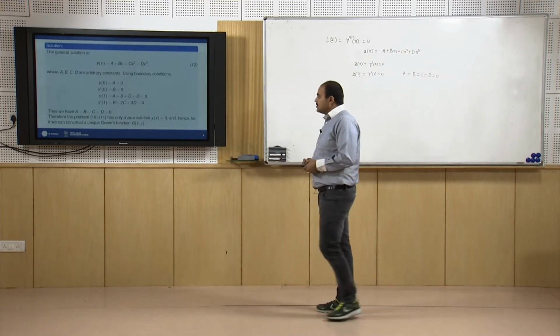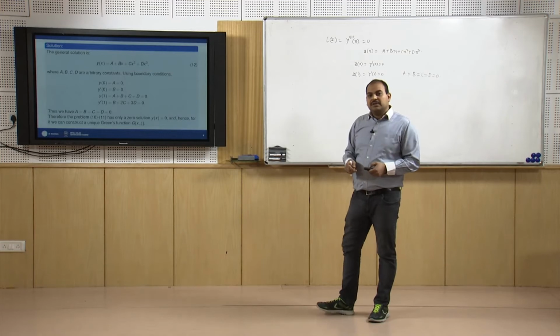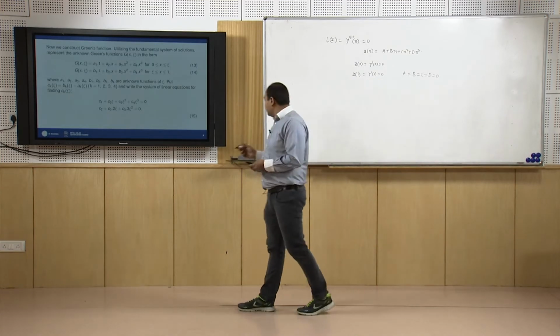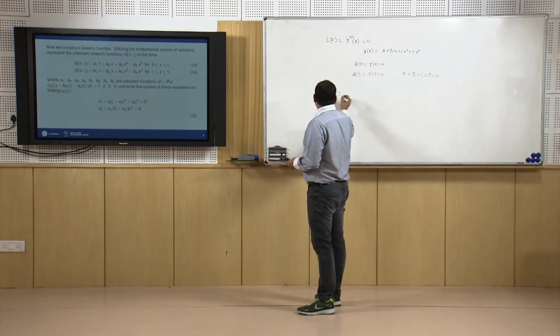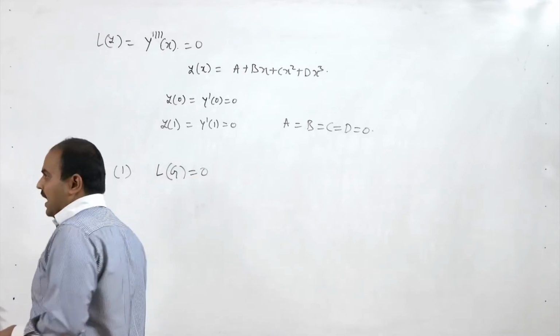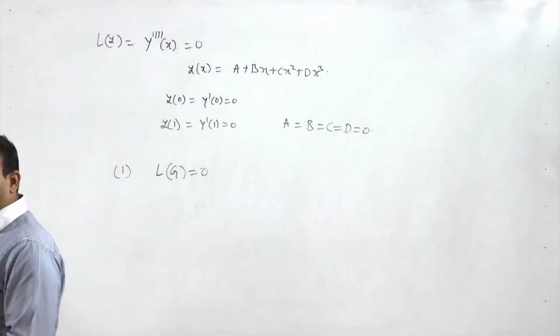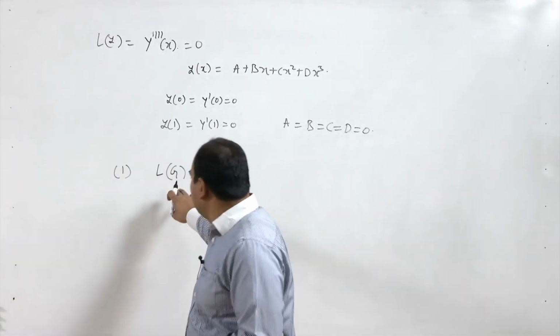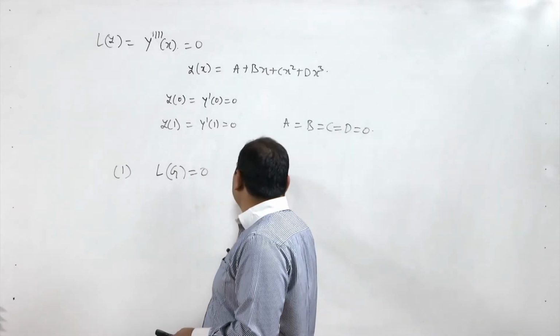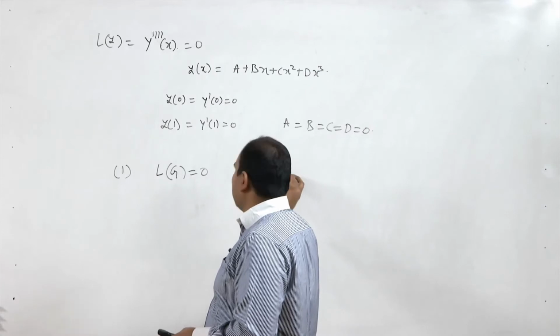So now let us start with the construction of the Green function. As we know, the first condition on the Green function is that it is the solution of the operator L. Since it is a self-adjoint operator, we can write that G is the solution of L of G equal to 0 for x not equal to xi.